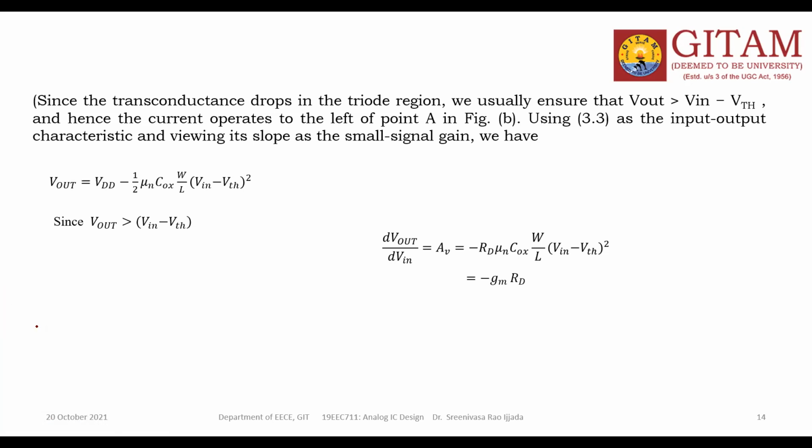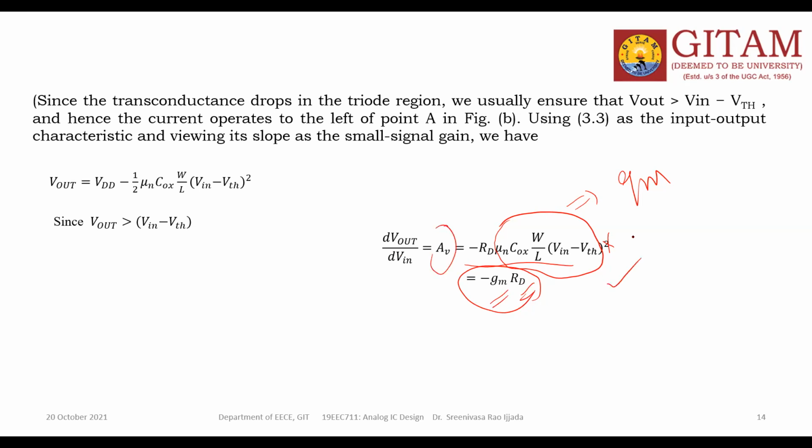Yes, forget about the squared term. This is the GM value, which we already defined earlier. So the total expression you can write as minus GM into RD, where GM is the transconductance and RD is the load resistance. This is the voltage gain.